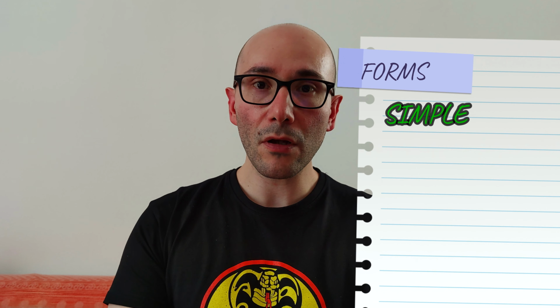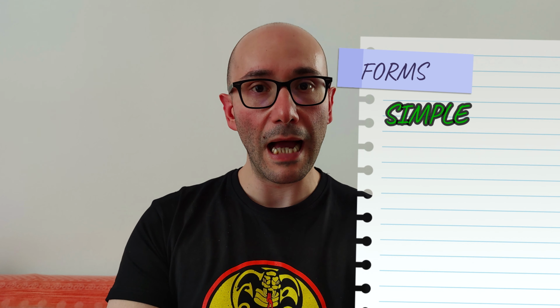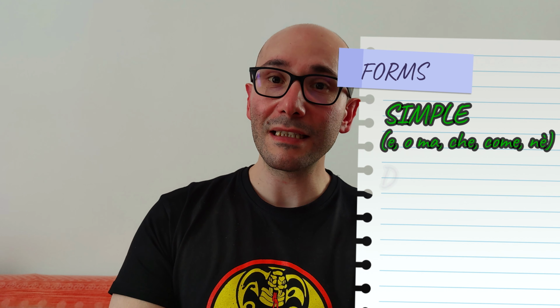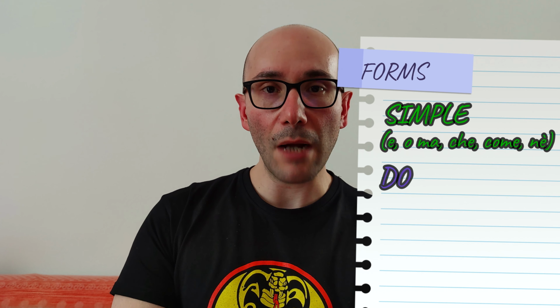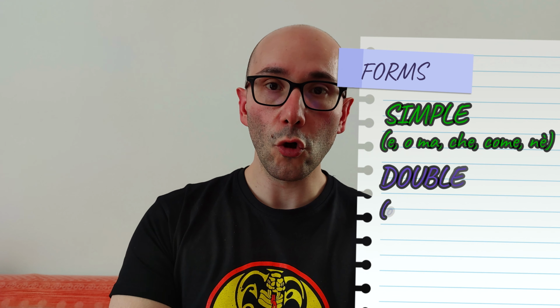For instance, let's take simple ones. Simple conjunctions are constituted by a small word, like e, o, ma, che, come, ne. After, we can find double conjunctions. Double because they are the fusion of two different words. Oppure, neanche, perché.